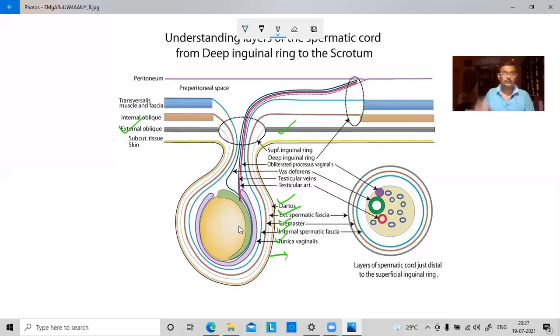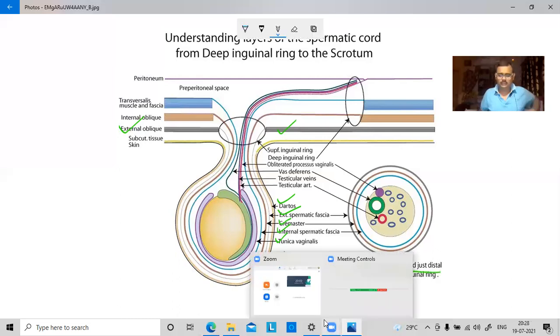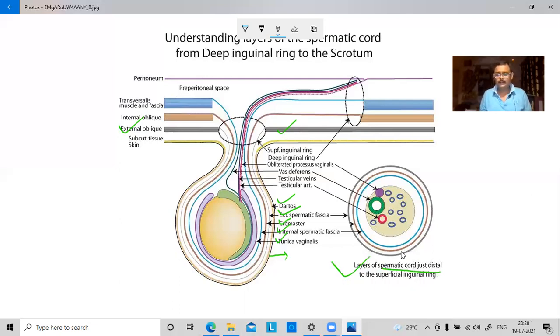So, these are the coverings and the layers of the scrotum, and this is the covering of the spermatic cord.